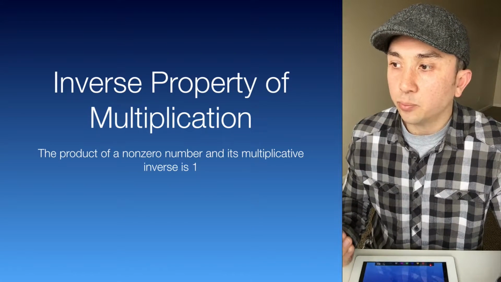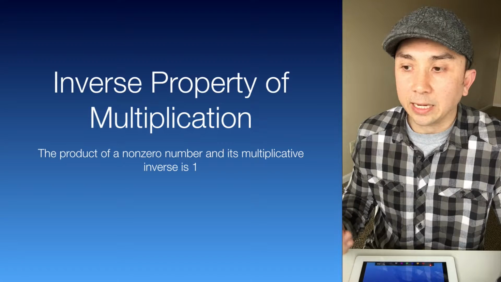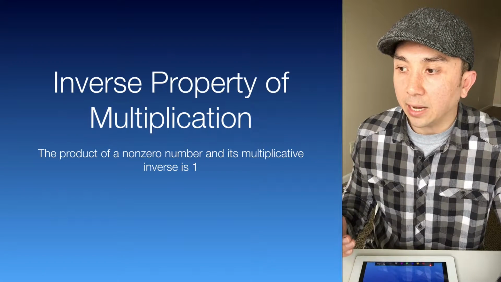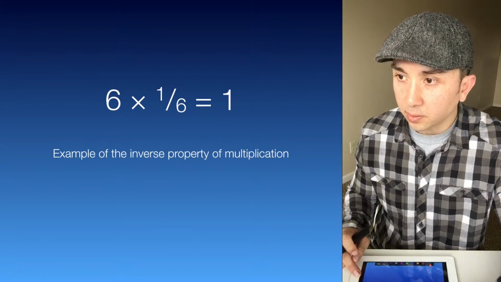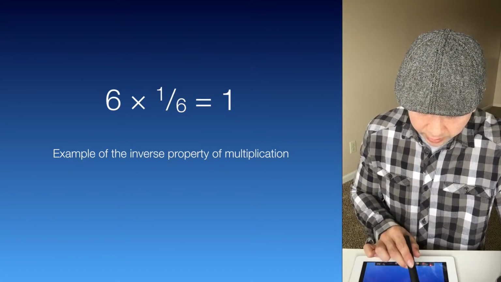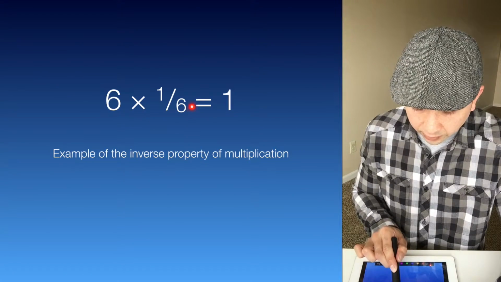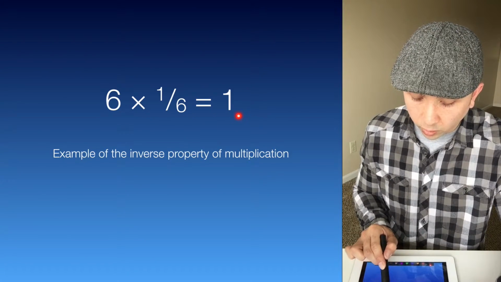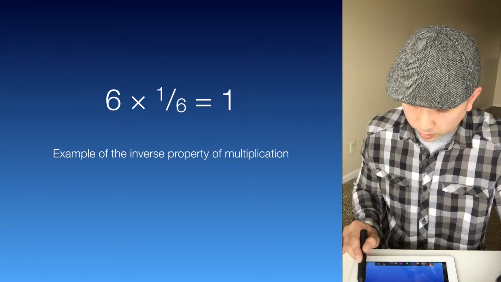The inverse property of multiplication states that the product of a non-zero number and its multiplicative inverse is 1. So if we take 6 times its multiplicative inverse, it equals 1. 6 times 1 over 6 equals 1.